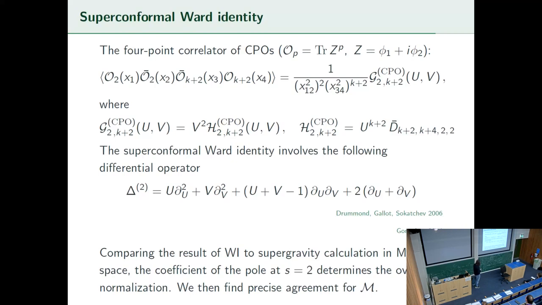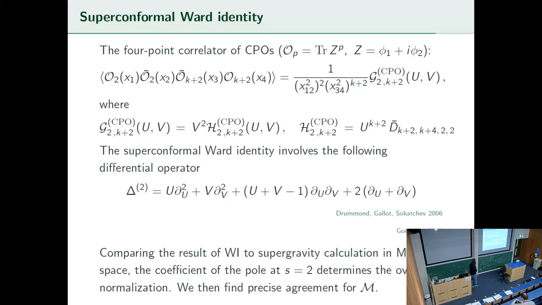Then we can compare the residues of this Mellin transform, for example, at the pole s equals 2. That essentially fixes the entire normalization for the correlator. Once we fix the residue at one of the poles, the rest of the correlator will match.